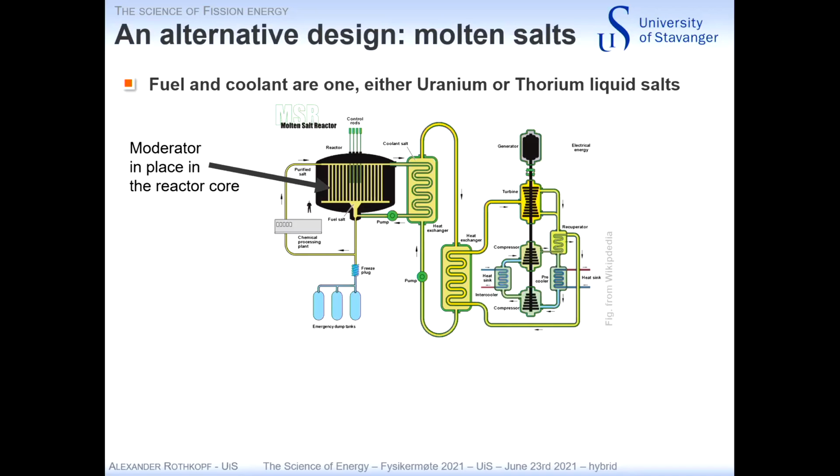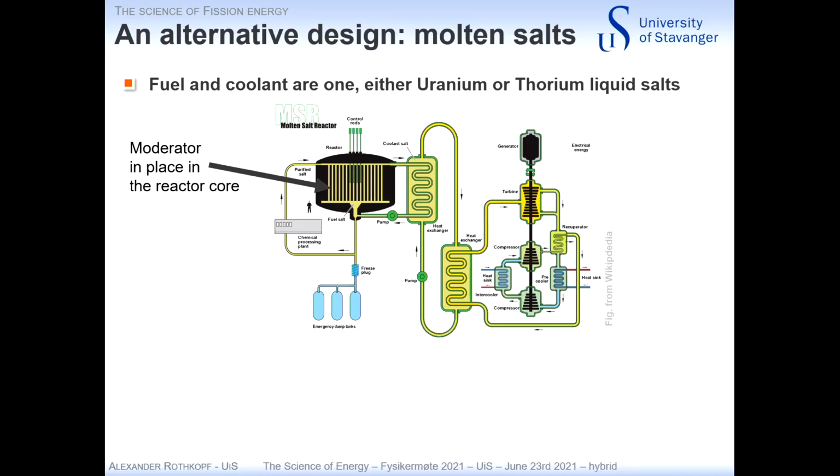And so let me just bring up one alternative that has received some attention quite recently, and that is molten salt reactors, where now the fuel and the coolant medium are one, either uranium or thorium-based liquid salts. And so here now you have a primary loop in which now this, say, thorium liquid salt is circulated through your reactor core. Because the fuel is liquid, you will now put your moderator usually as a solid element in your reactor core through which you cycle this salt.